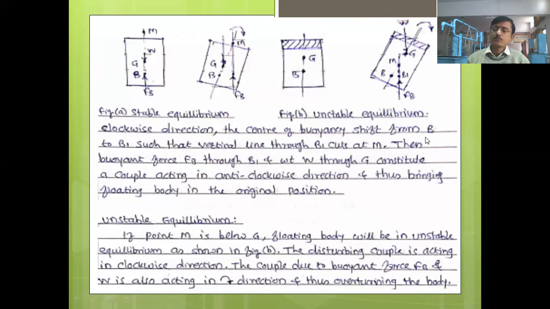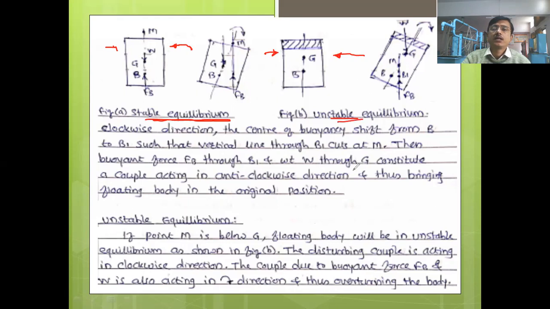After giving some disturbance to the floating body, if we apply some force, and that floating object regains its original position, then we can say that the body is in stable equilibrium. And after giving some disturbing moment, if it is not coming back to its original position, then we can say that it is in unstable equilibrium.